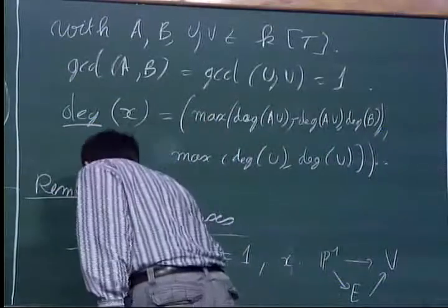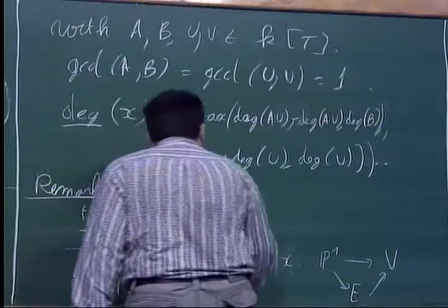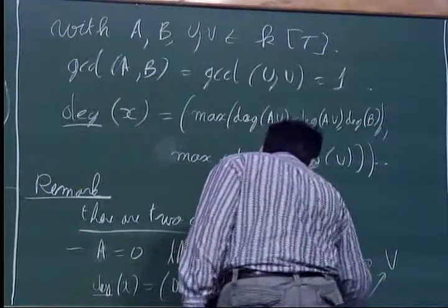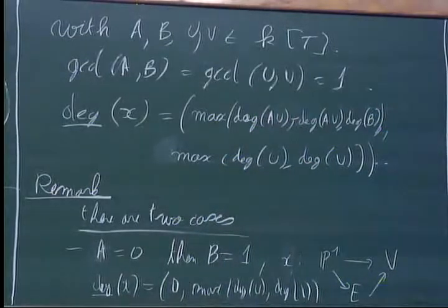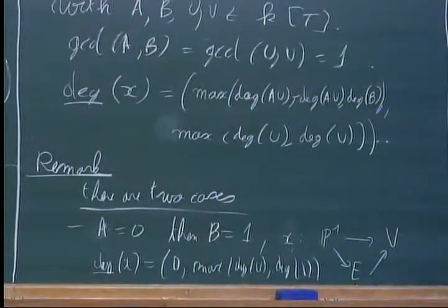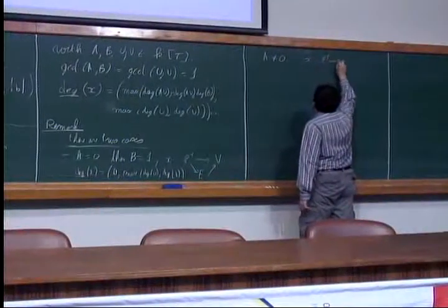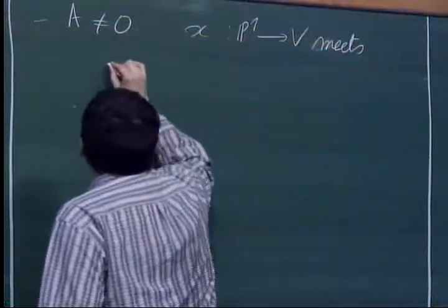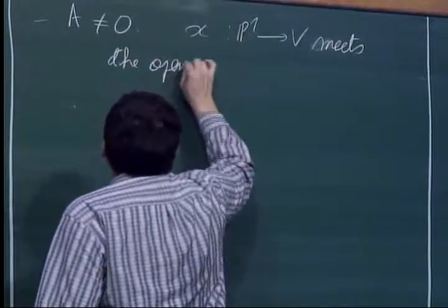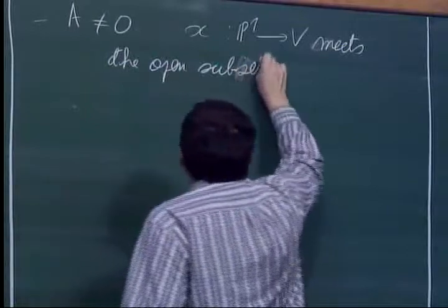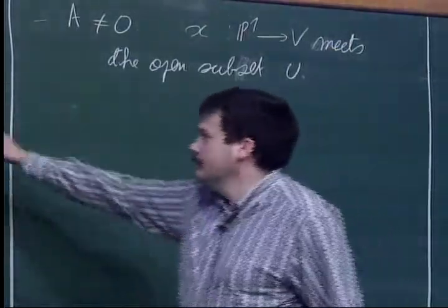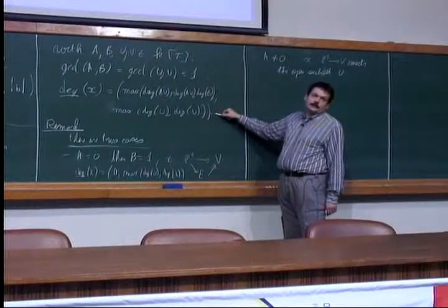And in fact, the degree of x in that case is 0 and the maximum of the degree of U and degree of V. If A is different from 0, well, then the map doesn't factorize through E, so it meets the open subset U. And in fact, we see that the first degree here has to be bigger than the second one.